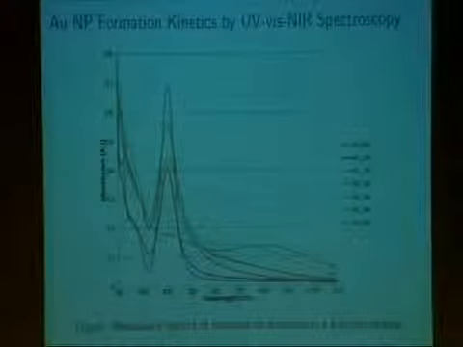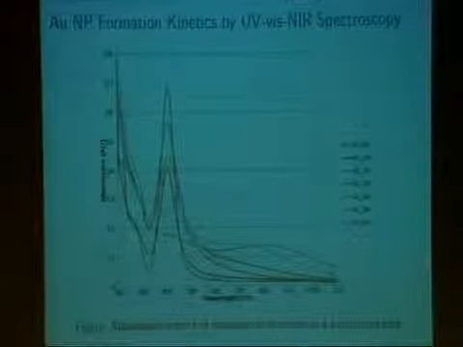And you can see that at some later time points, you get some absorption at 800 to 900 nanometers. This is characteristic of the hollow gold nanoparticles. So it looks like some hollow gold nanoparticles are forming, but it's difficult to compare between the peaks in these spectra because the samples were not diluted consistently.